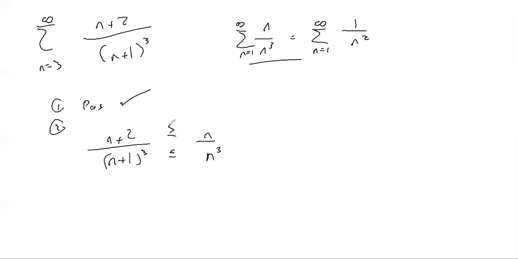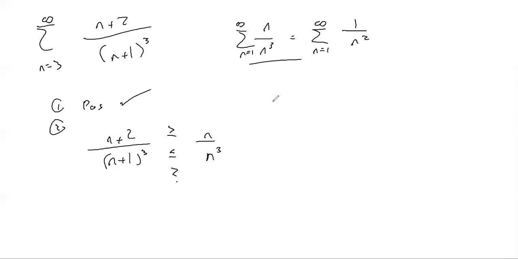So now it's not just that the inequality is going the wrong way, it's that I don't really know what's going on with the inequality. I can't tell if it's bigger or smaller. What's going to happen in the long run when n gets really big? This is another good time to use limit comparison test.